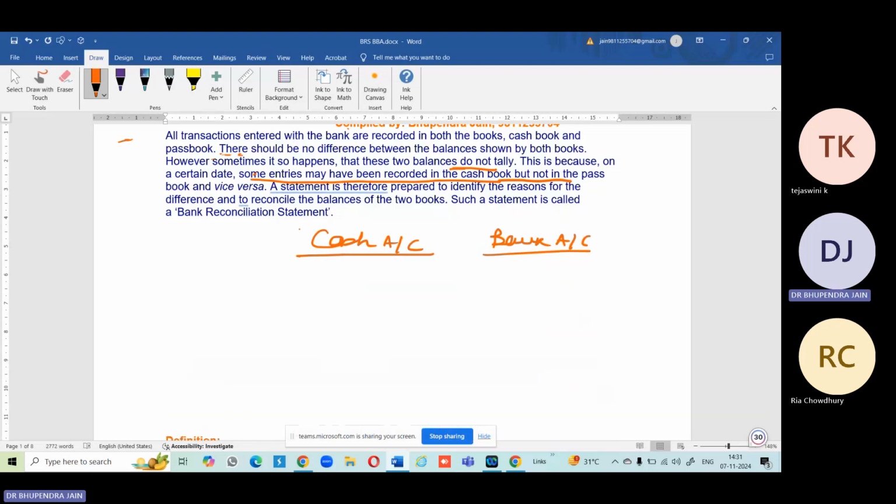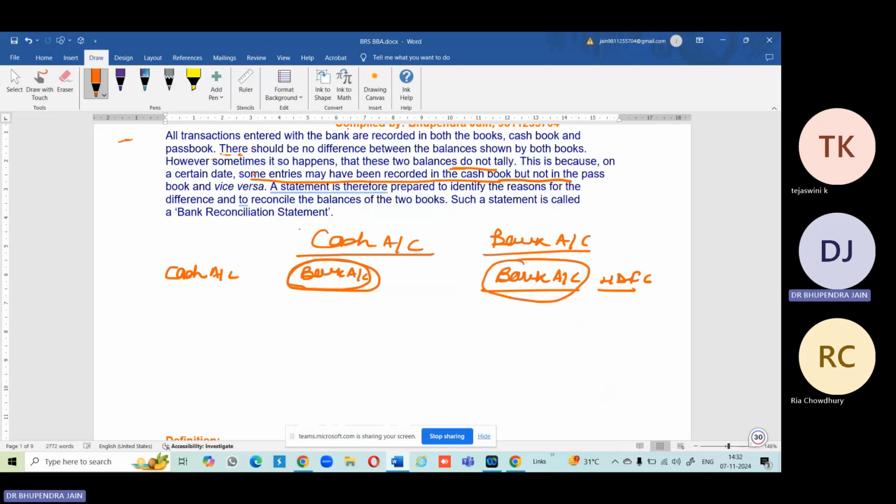Suppose you have a bank account in HDFC Bank. So HDFC Bank itself records all the transactions related to you, and you also prepare in the books of account, cash account as well as the bank account. This is the bank account prepared by the company, prepared by the businessman, or by the accountant.